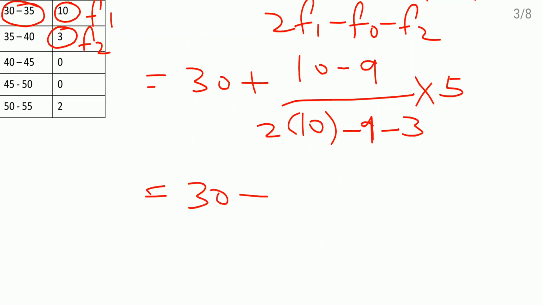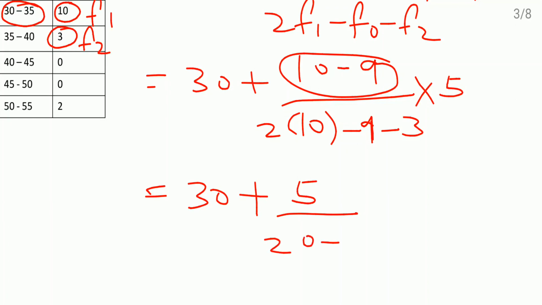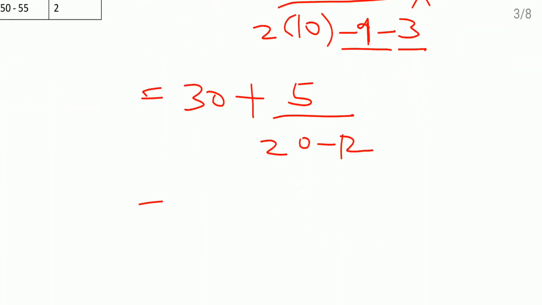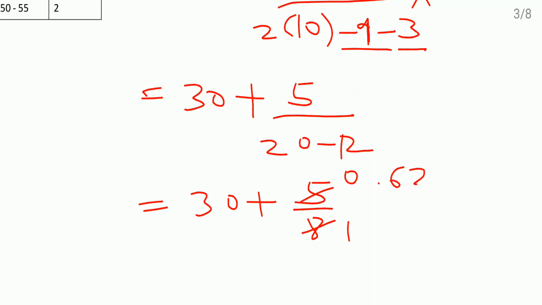See here, 30 plus 1 into 5, because 10 minus 9 is 1, 1 into 5 will be 5, divided by this is 20 minus 12, right? This minus 9 and minus 3 is 12. So here 30 plus 5 by 8. So here 8 ones are 8, then 8 sixes are 48, 2 is remaining, 8 twos are 16, 4 is remaining, 8 fives are 40.